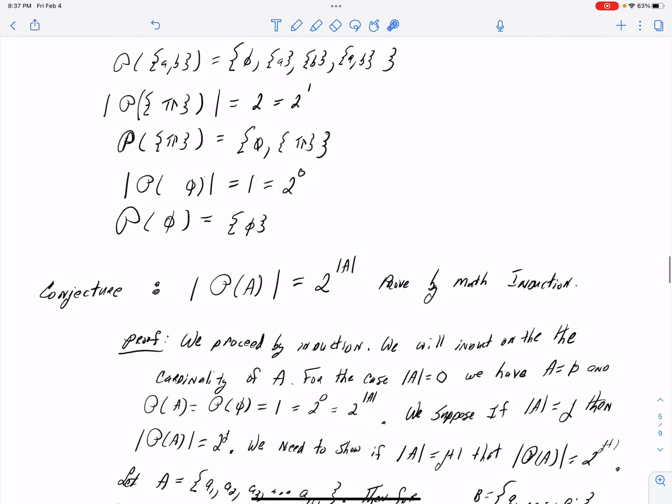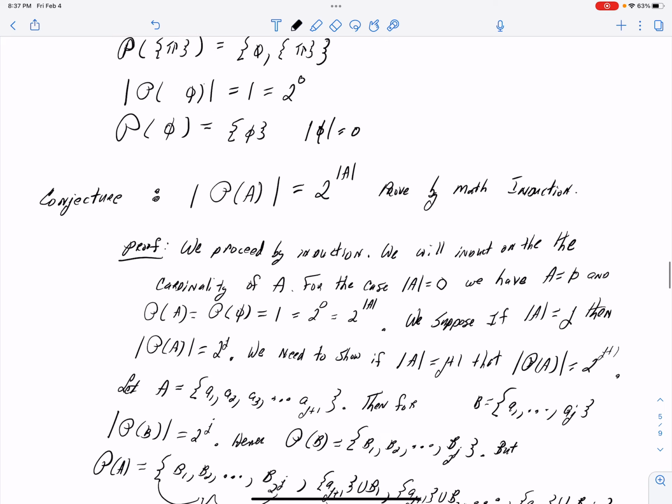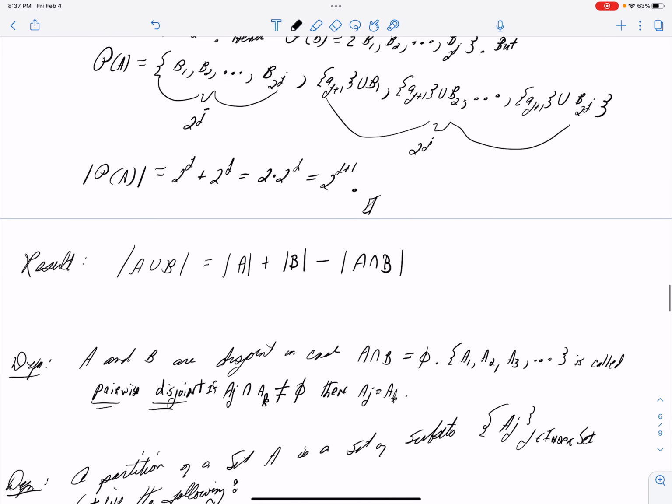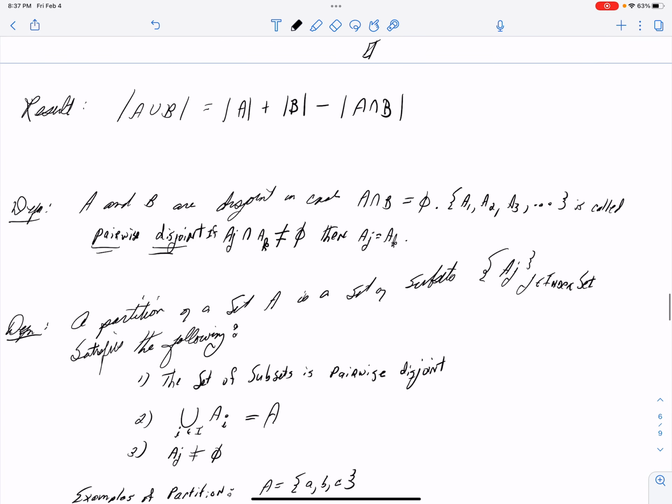Even down here, 2 to the 0, and the original set, remember, the cardinality of the null set is in fact 0. All right, we're not going to prove that right now, but that conjecture is in fact true.